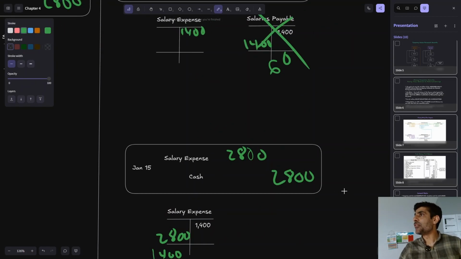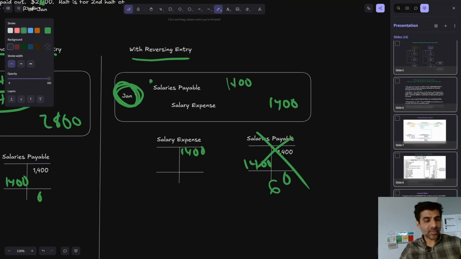Okay. The benefit of the reversing entry, again, doing this just on the first day of the period, is you do not have to remember about any of those accruals. You can just treat every cash transaction that happens after as if it's fully for that period. So there's less having to go back and see what you did in the last period.